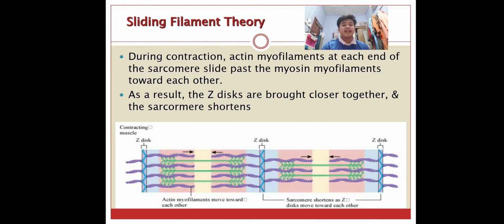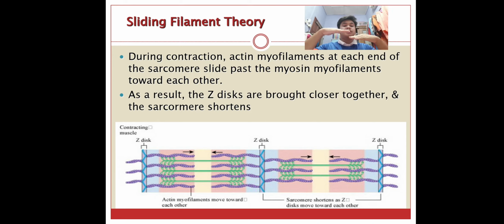Okay, the next slide is about during contractions. During contractions, actin myofilaments at each end of the sarcomere slide past the myosin myofilaments toward each other. As a result, the Z discs are brought closer together and the sarcomere shortens. It means during muscle contractions, you can see from the slide, the actin myofilament is in purple color, and the myosin myofilaments are in green color.